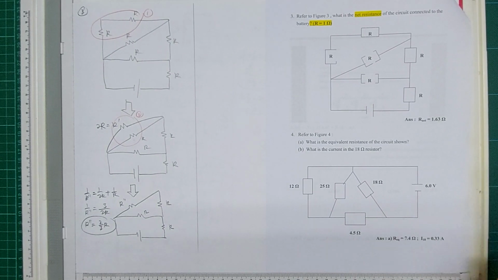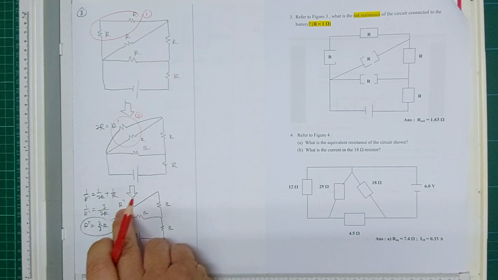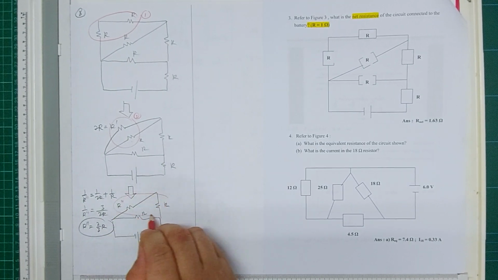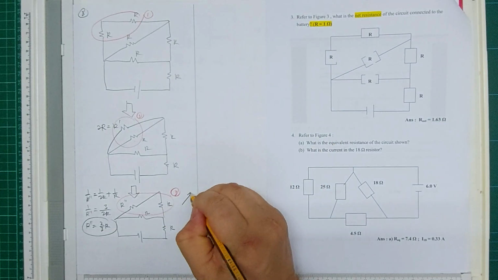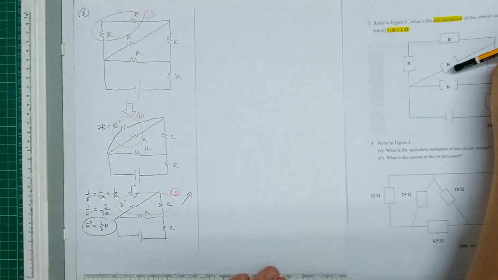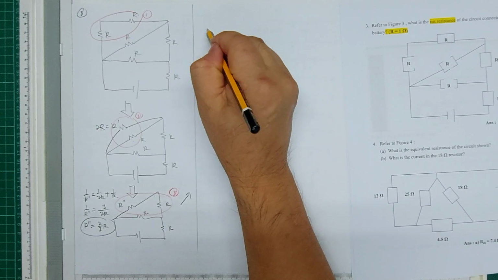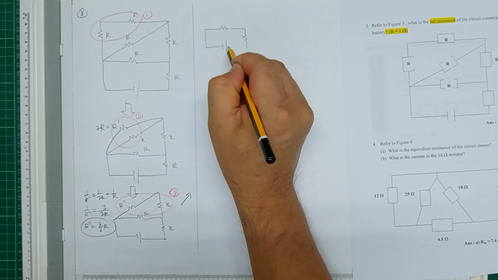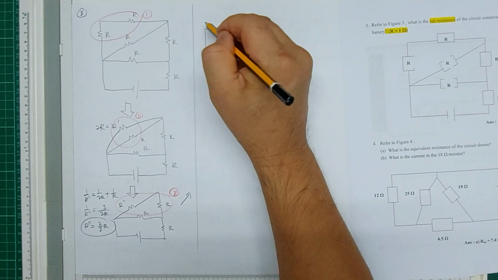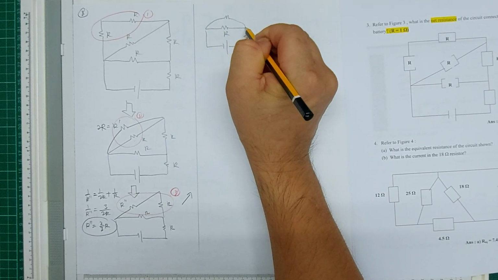Now, where do we combine next? We are going to combine this one and this one here. That is our step 3. So now our diagram is going to be here. You have this horizontal one, this one, and the battery here. This is R, this is R. So now you have that two already combined.